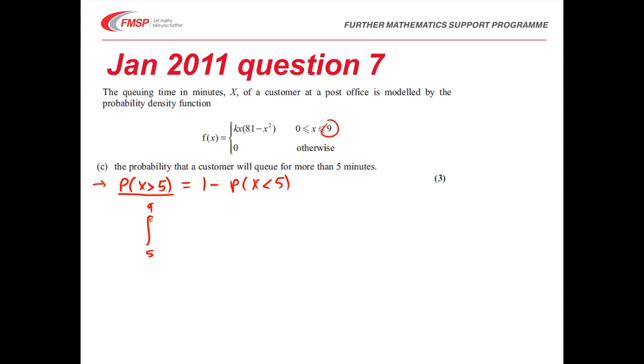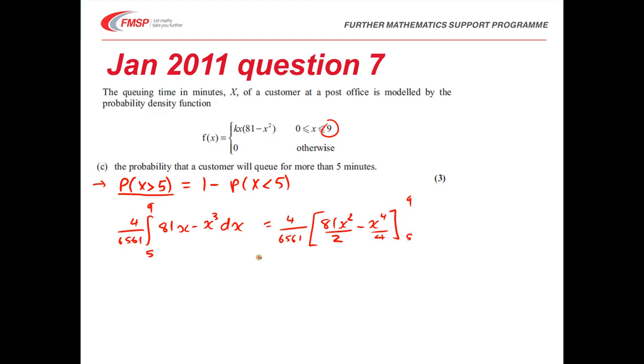That's the area under the curve of k times 81x minus x cubed dx. Okay, so carrying out this integration will give me 4 on 6561 times 81x squared on 2 minus x to the 4 on 4 between 5 and 9.